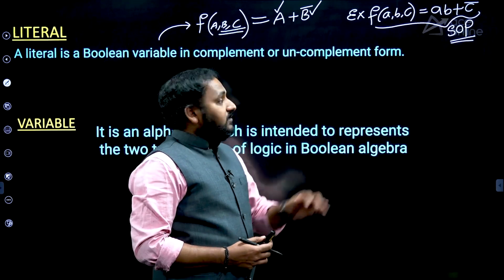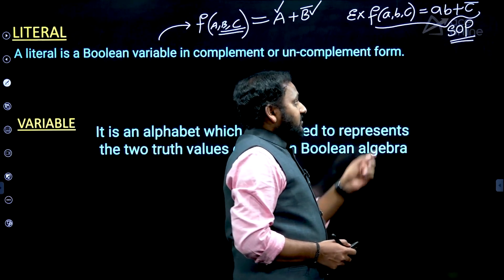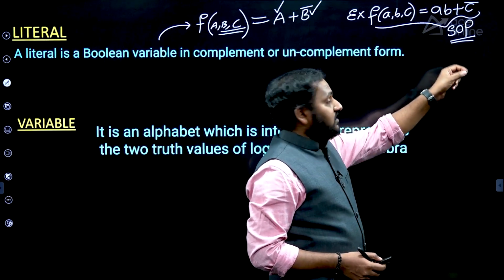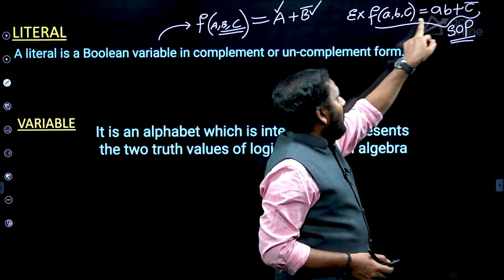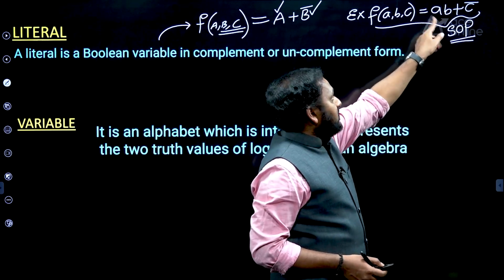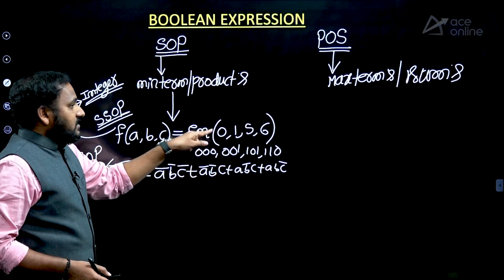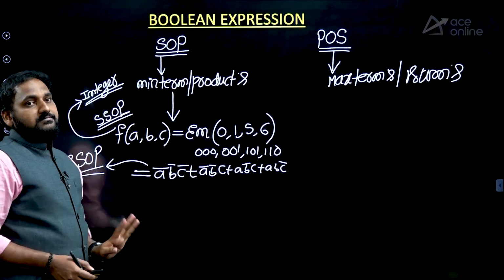It is not a standard SOP. Standard SOP means either it should be in integer form or, strictly speaking, every term should consist of all the variables. So this is a SOP and this is a standard SOP in integer form.